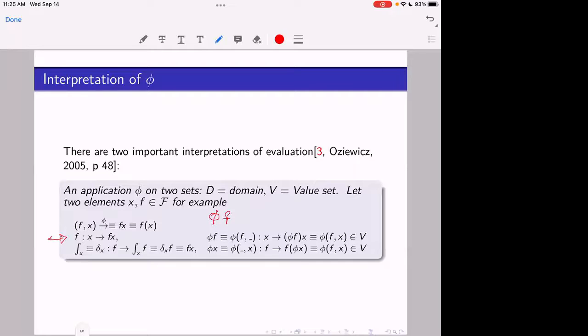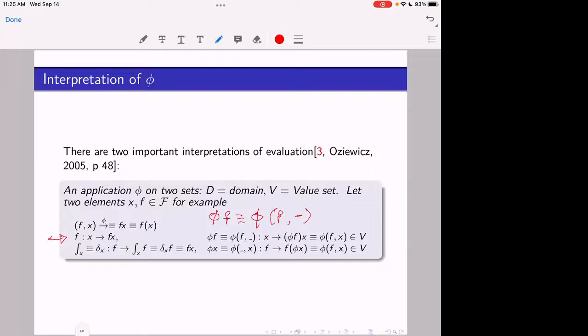That is the definition of the action of phi on f that is going to give us one operator. Then in this row, the operator acts on x, and this gives us the value of the relation phi(f, x).